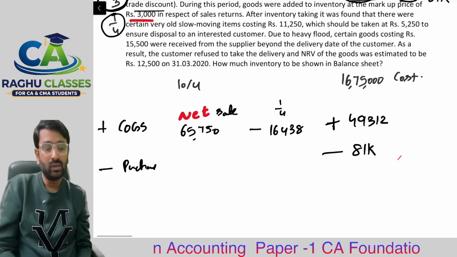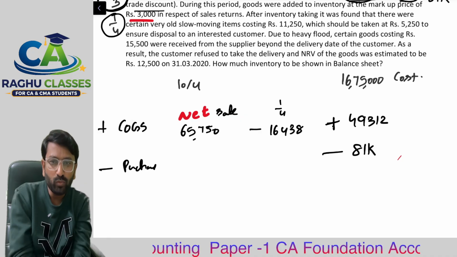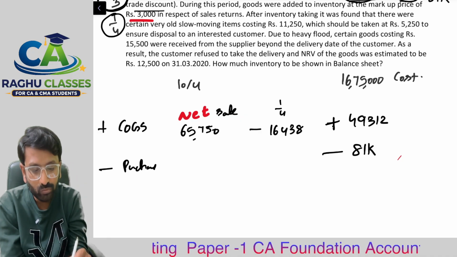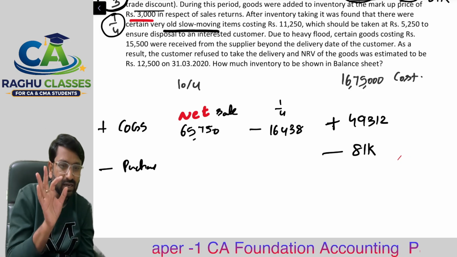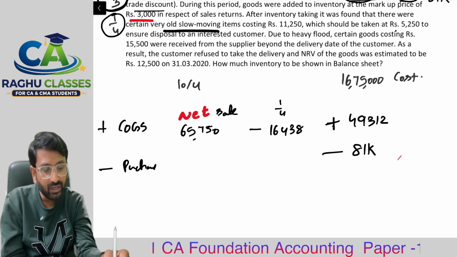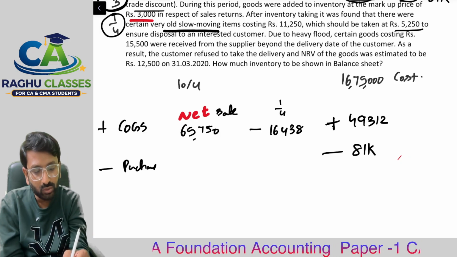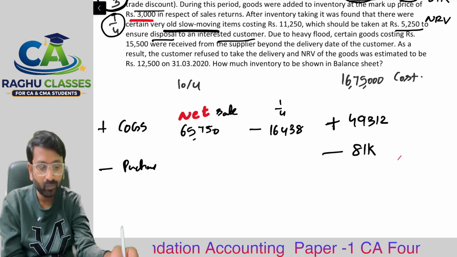Next. After inventory taking, it was found that there were old slow moving items. Slow moving item is nothing but outdated or out of fashion item costing 11,250, which should be taken at 5,250 to ensure disposal to an interested customer. Can we say this is NRV of the item?